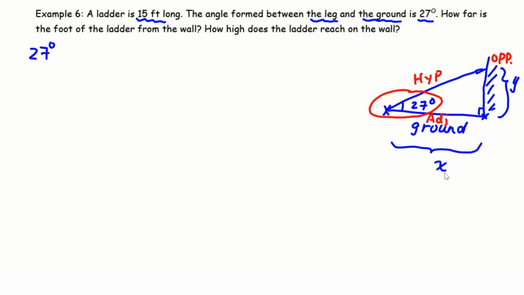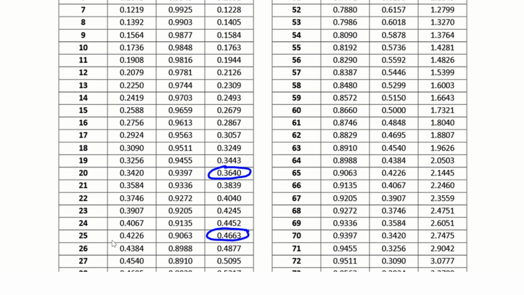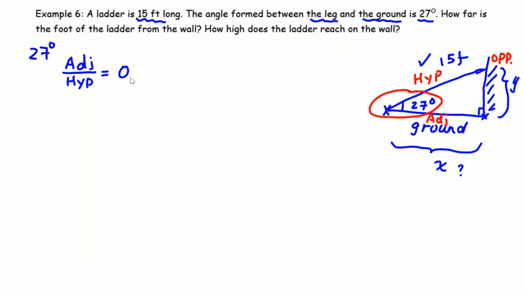So first one, we want to find x, so adjacent is unknown. Then the ladder length, hypotenuse, is given. So check the chart. 27 degrees, adjacent over hypotenuse is 0.8910. So 0.8910 equals, adjacent is x, hypotenuse is 15.